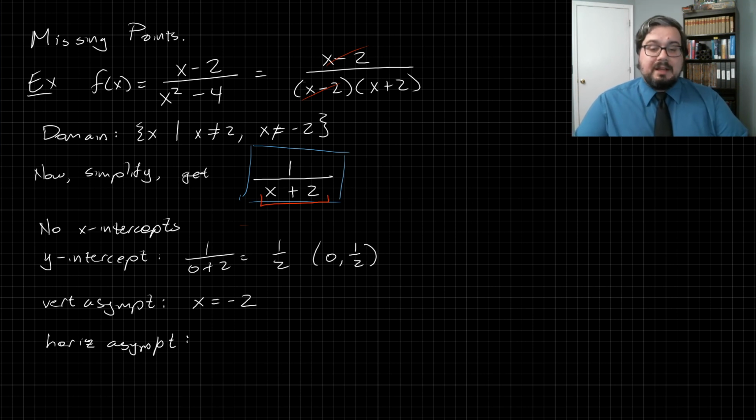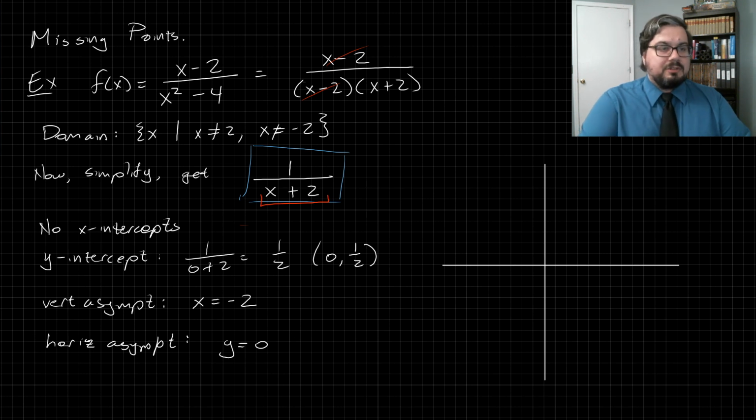This simplified function has a degree of the denominator of 1 and the degree in the numerator of 0. Therefore, the degree in the denominator is greater, and the horizontal asymptote is y equals 0. So we can graph out what this function looks like without too much trouble.